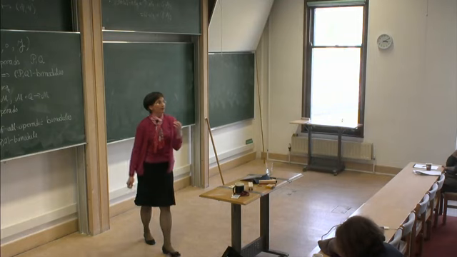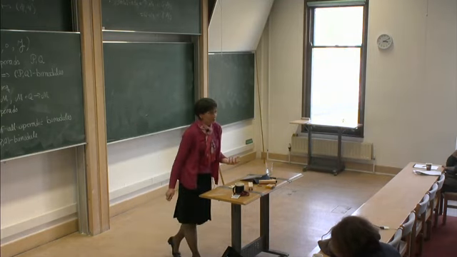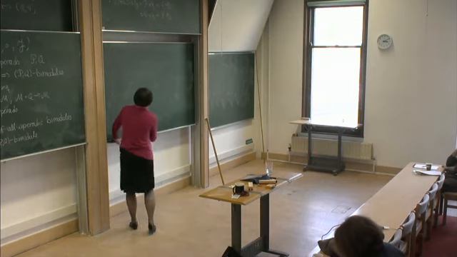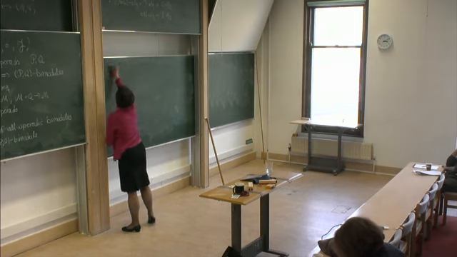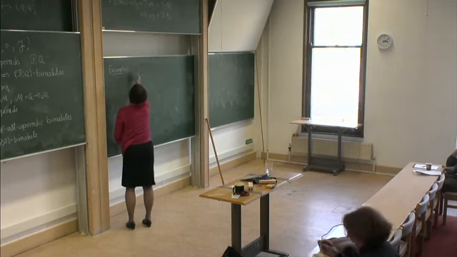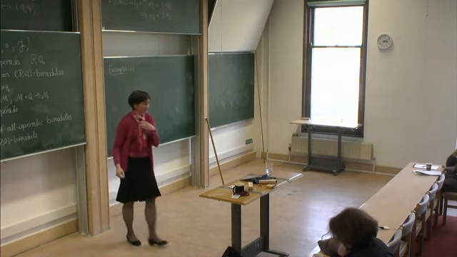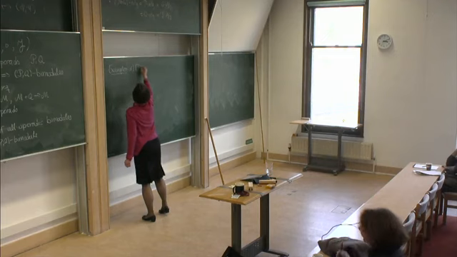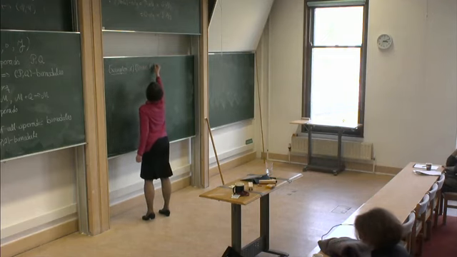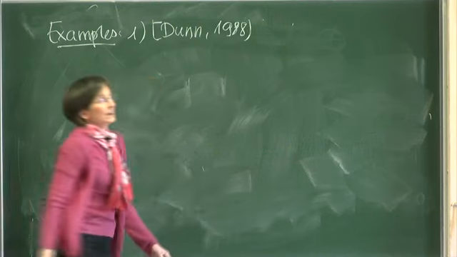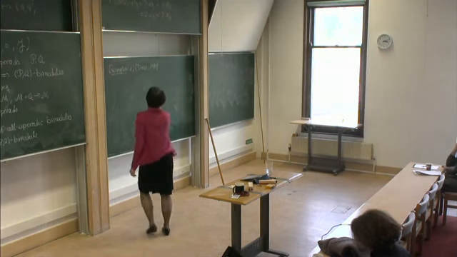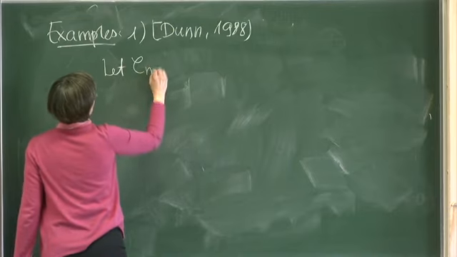So let me say something about the possible geometric meaning or topological interest of this Boardman-Vogt tensor product in a couple of examples. The first example is work of Dunn from 1988. Let Cn be the little n cubes operad.